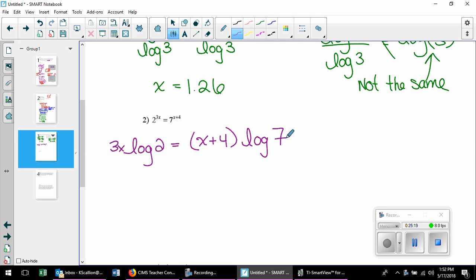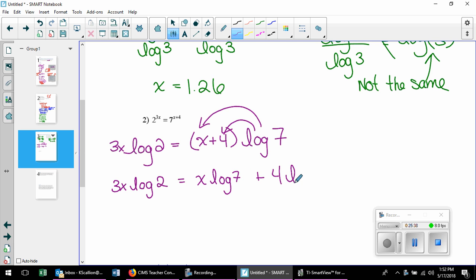You take your log 7, multiply it by x, and you take your log 7 and multiply it by 4. So I have 3x log base 2 equals x log 7 plus 4 log 7.